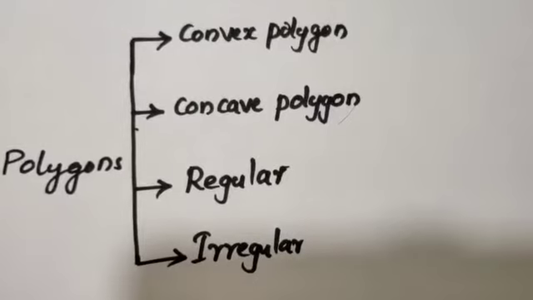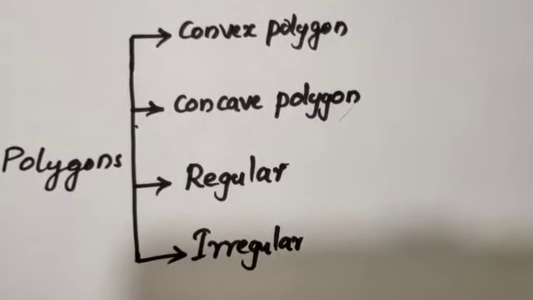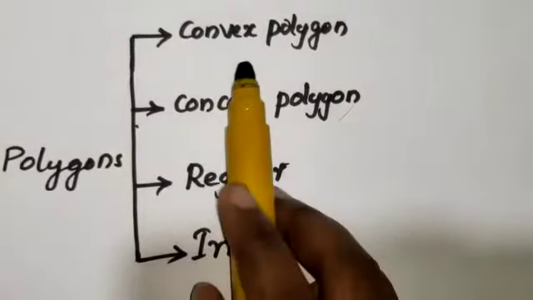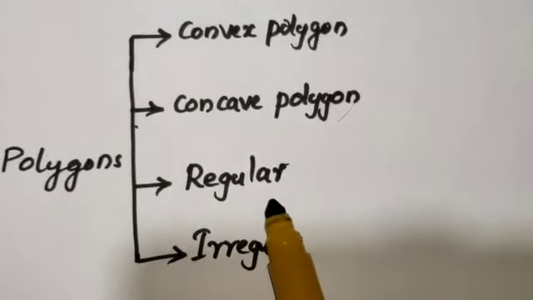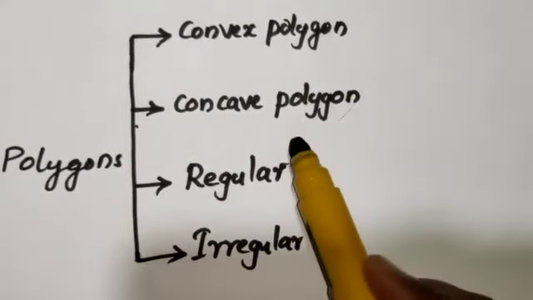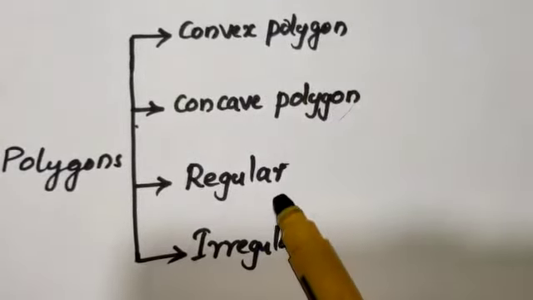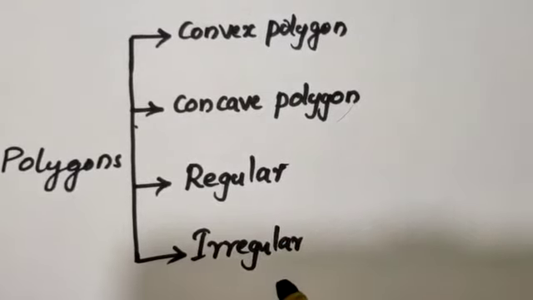Now, polygons are mainly classified into 4 types: convex polygon, concave polygon, regular polygon and irregular polygon.